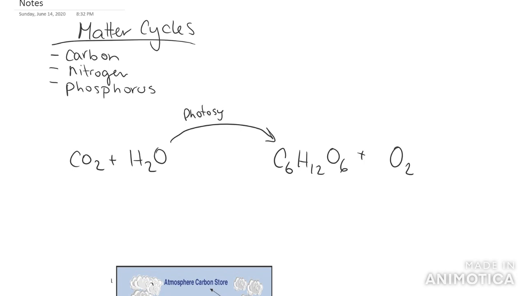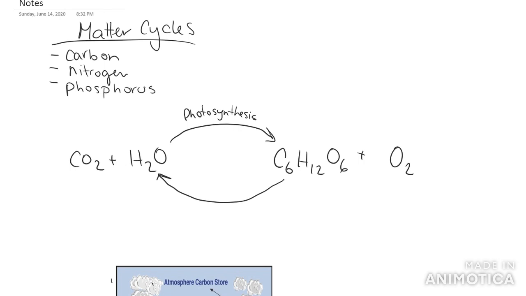And then what happens, if you remember in grade 8, is the mitochondria that is present in almost all cells takes the sugar and oxygen and converts them into carbon dioxide and water and releases energy.